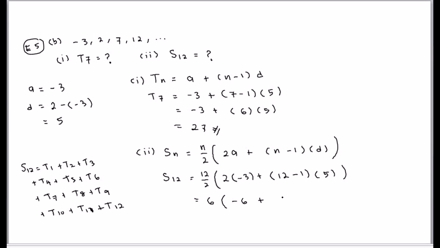Plus 12 minus 1 is 11, multiplied by 5. Negative 6 plus 11 multiplied by 5 is 55. You can do it one by one, or you can straight away use your calculator. So you will get the final answer S12 equal to 094.